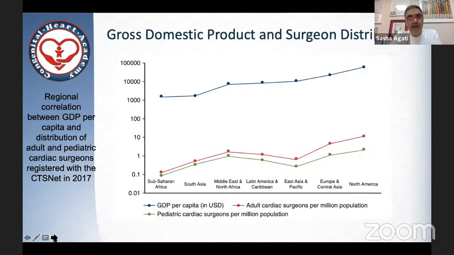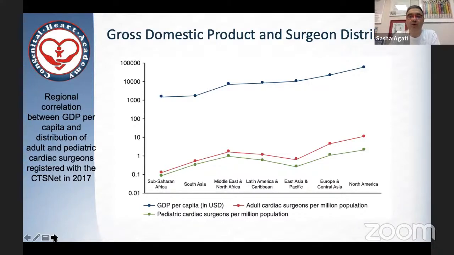And again, in the same paper, the colleagues were able to screen the problem also by the GDP of the country. And here you can see very easily, at the top of this graphic, how in North America and in Europe we have a great number of cardiac surgeons and pediatric cardiac surgeons.